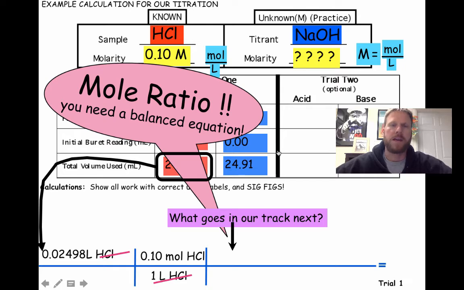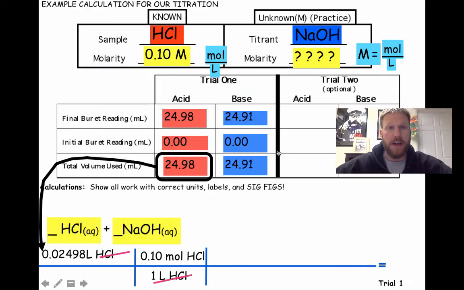We need a balanced chemical equation to know what the mole ratio between HCl and NaOH is. So this is an acid and a base reacting together. So we should remember that an acid plus a base produces water and a salt. So let's figure out what salt is going to form. HCl will break up into H plus and Cl minus ions.